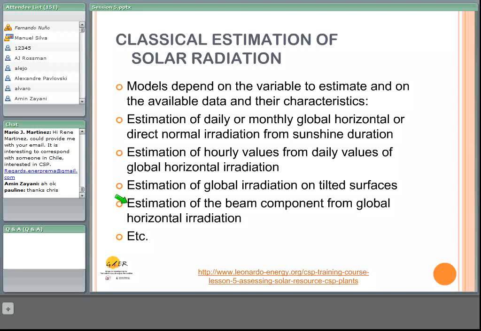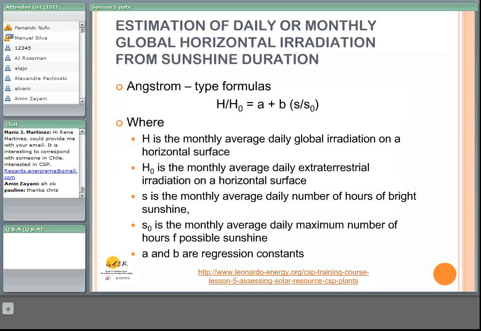We are also interested in that because, as we will see immediately, it's possible to estimate the global horizontal radiation by different procedures, even if we don't have measurements. For example, we can estimate the daily or monthly global horizontal radiation from sunshine duration using Angstrom type formulas like the one shown here.